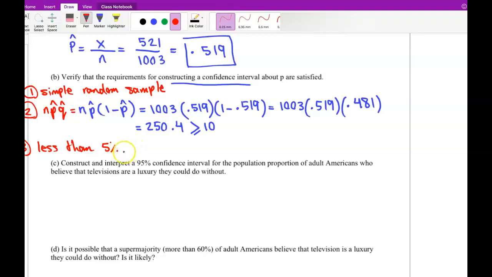So n less than or equal to 5% of the population size.